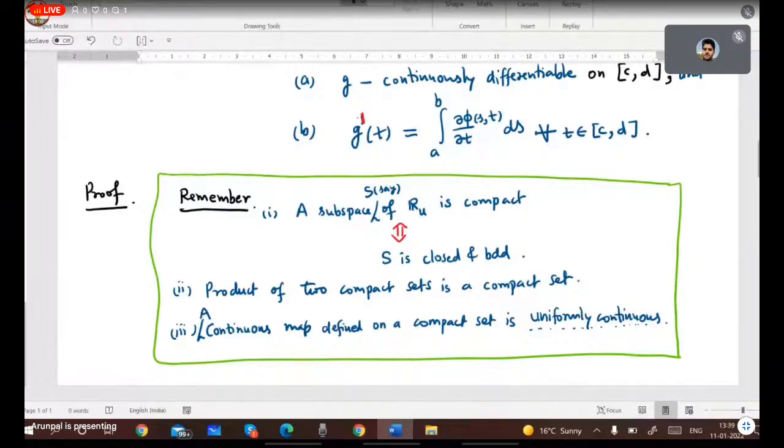One of the very strong implications of uniformly continuous maps is that they map Cauchy sequences onto Cauchy sequences. If a map is merely continuous, it need not map a Cauchy sequence onto a Cauchy sequence. But if it is uniformly continuous, it will take a Cauchy sequence to a Cauchy sequence. It means the image of a Cauchy sequence under a uniformly continuous map will also be a Cauchy sequence. And that's something very important. Anyways, so class, you remember these three things. I shall be making use of these three points. Okay.